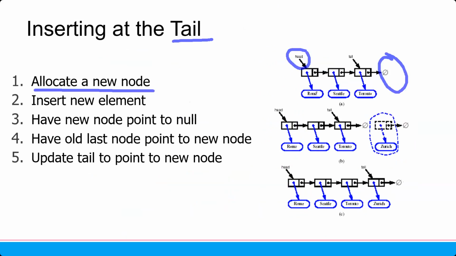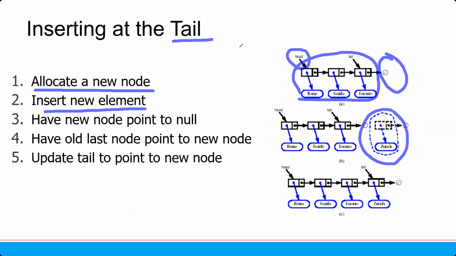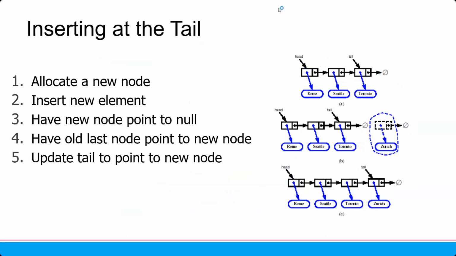So let's suppose the route is from Rome, Seattle, Toronto, and then I want to put Zurich. So we can just insert a new element at the tail. The tail means the last element, and then have the new node point to null. So we call this null. If the next element is null, then it is the last element.